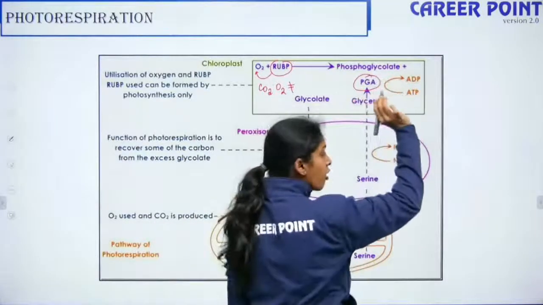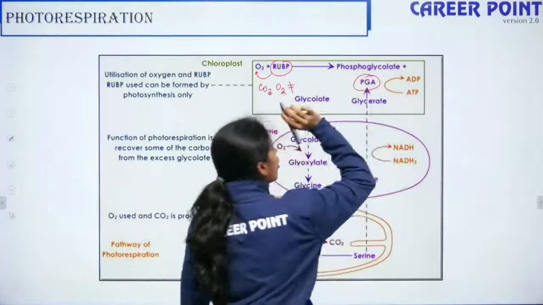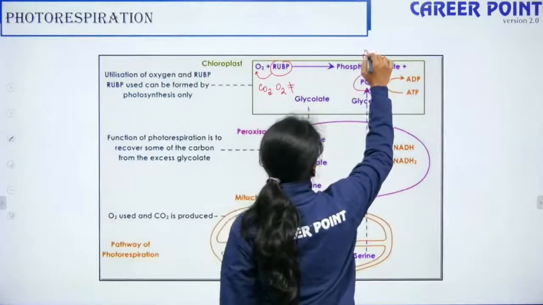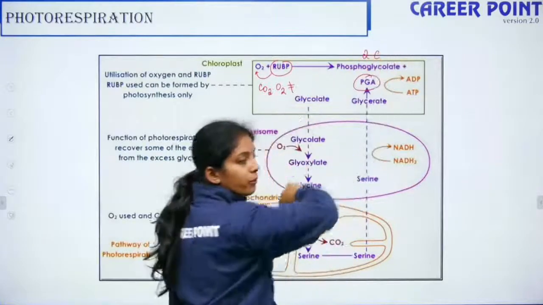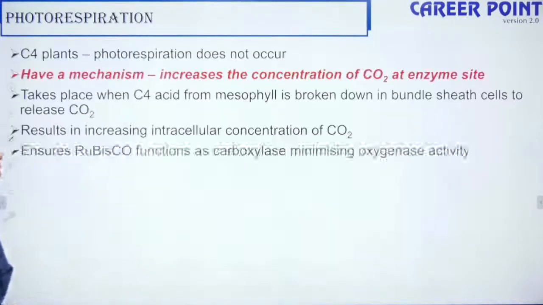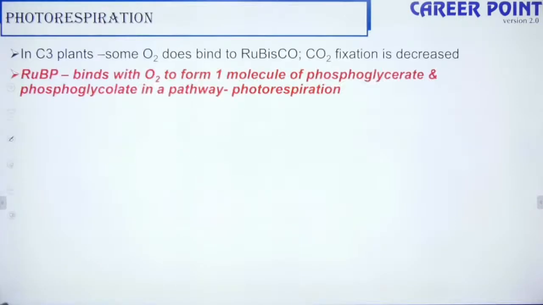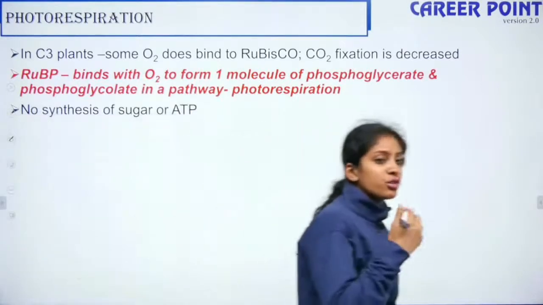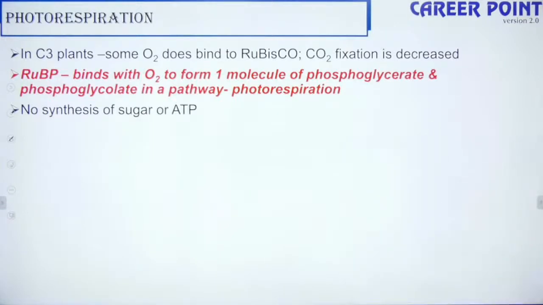PGA is formed anyway, but it also forms phosphoglycolate, which is a 2-carbon molecule. So it forms 1 molecule of PGA and phosphoglycolate in this pathway, an extra 2-carbon compound, but it does not lead to the formation of any sugar or ATP.